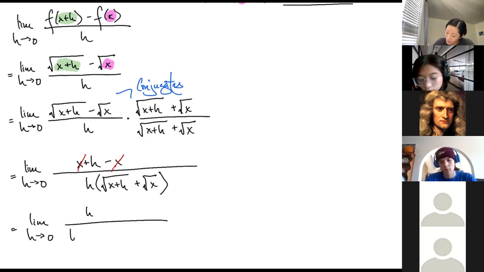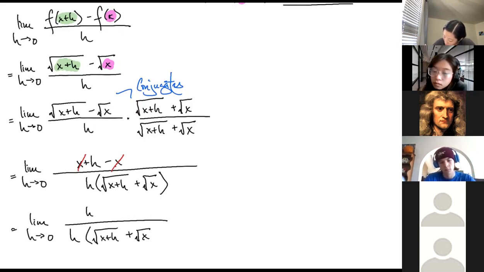Oh shoot, I have that h in the denominator too, right? No matter how complicated this gets, I know that you know h divided by h is 1, right? So I can reduce that to be 1.